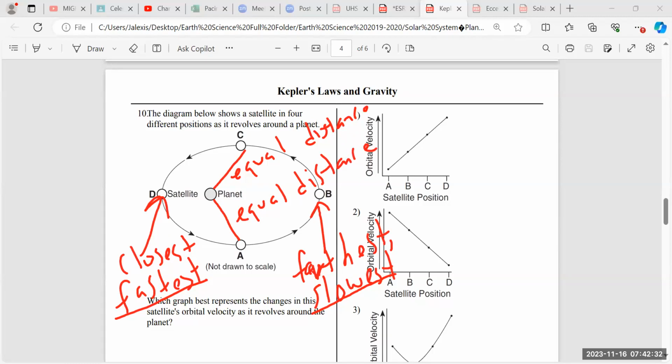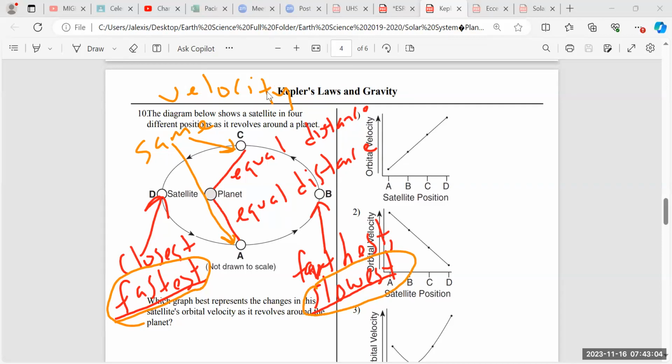So what does that let me know? That the speed or the velocity is the same at letter C and at letter A. I know the velocity for C and A have to be the same because they're an equal distance from the planet. Letter D, the velocity has to be the fastest, and letter B, the velocity has to be the slowest. You could pause this video to copy the notes because I'm going to clear all this in a second.